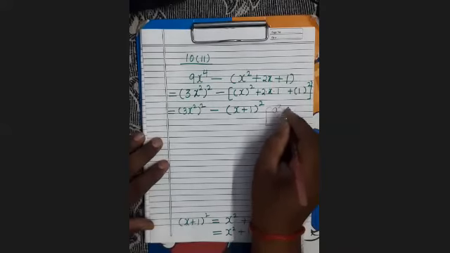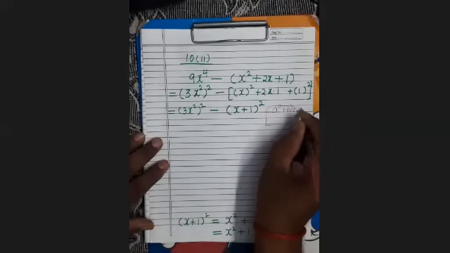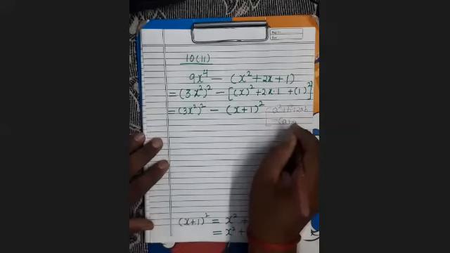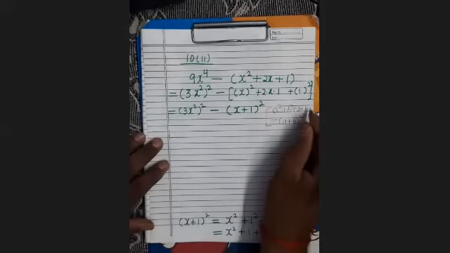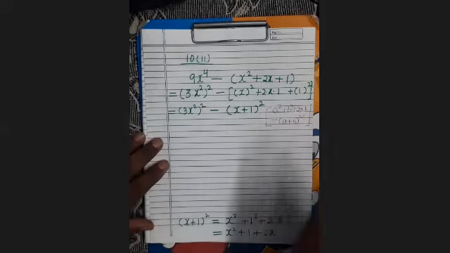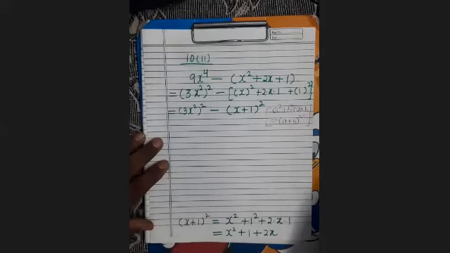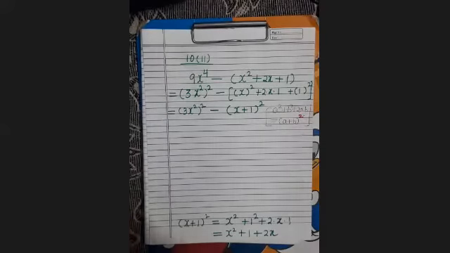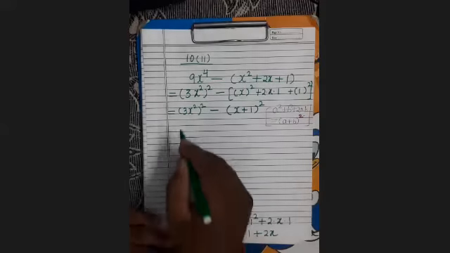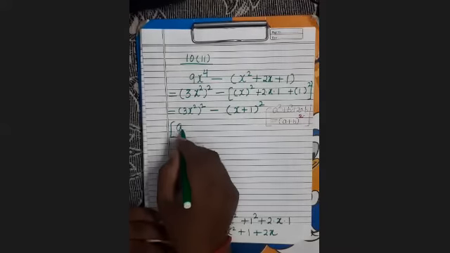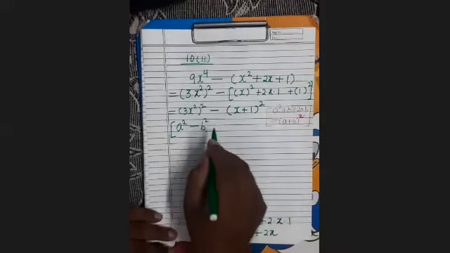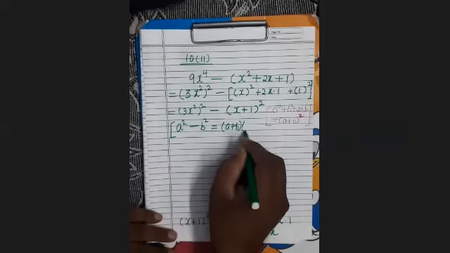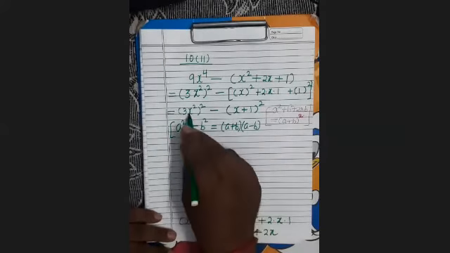A square plus b square plus 2ab equals a plus b whole square. So now it is of what form? It is of form a square minus b square. What is in place of a? Who can tell? 3x square.